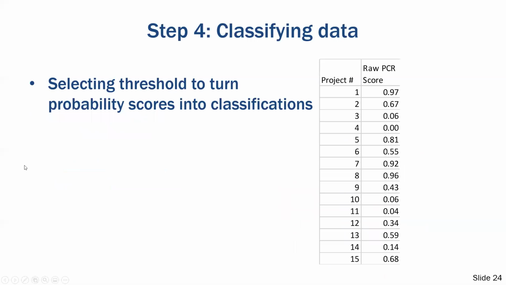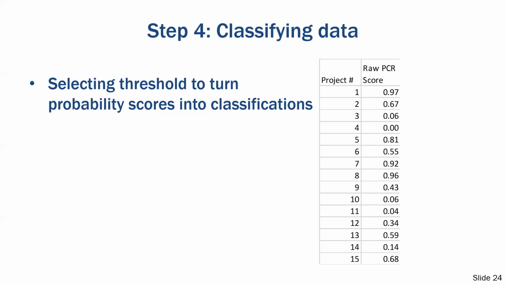And 2 examples for how we selected the threshold that we're going to use to actually turn the probability scores, the output of the machine learning model, into actual classifications for each project, yes or no, are you PCR? So here on the right, there's 15 projects shown. There's a raw score, a raw output of the machine learning model from 0 to 1.0.